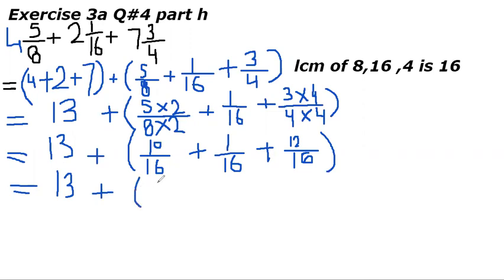Now we will add 10 plus 1 plus 12. These are the numerators. And in the denominator, 16 is common. Denominators are like, so we will write it only one time.